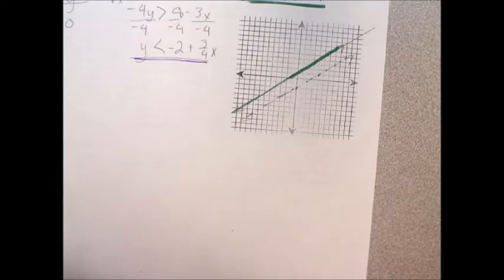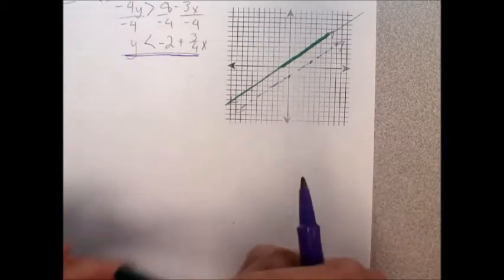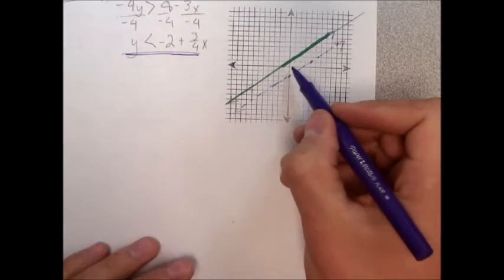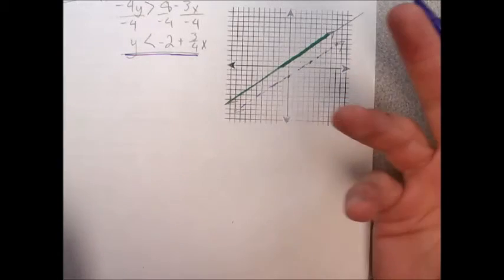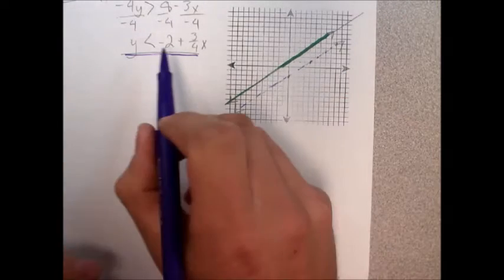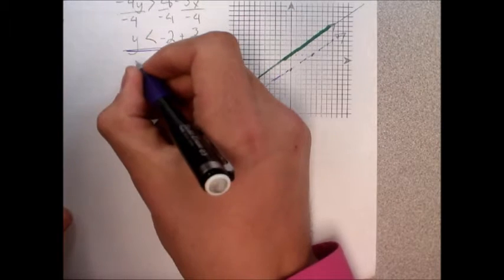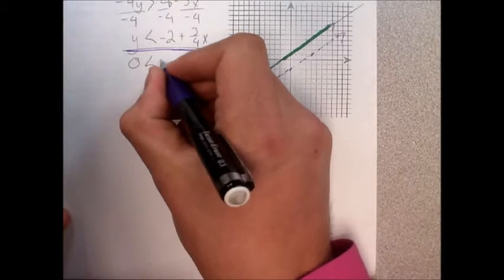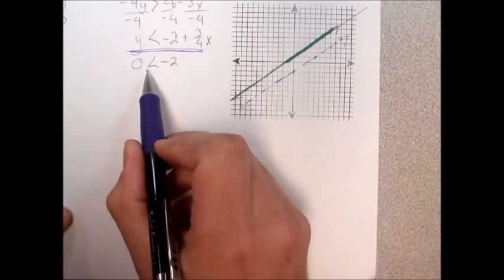Okay. So I like to run the test point 0, 0, if at all possible. So long as 0, 0 is not on the line that you're trying to test, that's fine. So if I plug in 0, 0 for this guy, it would end up as 0 is less than negative 2 plus 0, so it would just be that. Is that true?